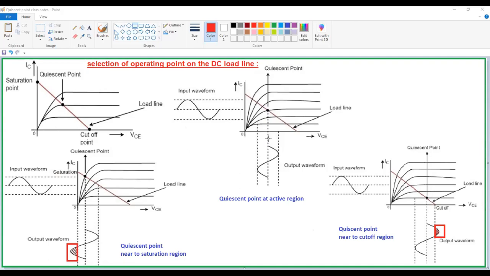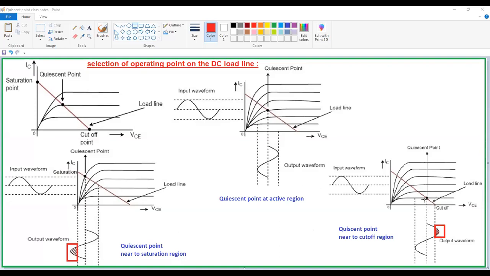Otherwise, we have to maintain the quiescent point at the center of your DC load line. Okay. The quiescent point must be at the center of your DC load line. Otherwise, if the quiescent point is in the saturation region or in the cutoff region, the output is distorted. Why is it distorted here? In the cutoff region, both junctions are connected in reverse bias.